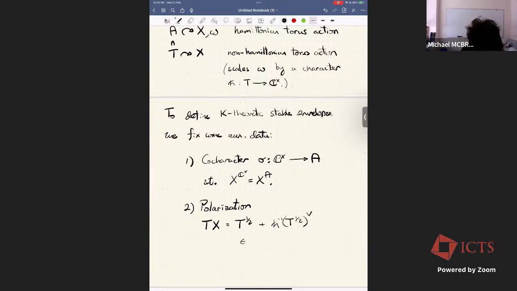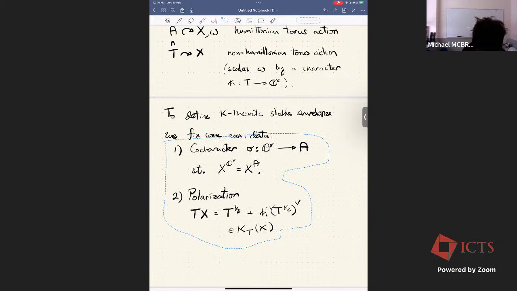This splitting takes place inside the K-theory of X. You don't always have such a thing, of course, but if X comes to you as a Nakajima quiver variety or hypertoric variety, those have natural polarizations. They look a little bit like cotangent bundles.